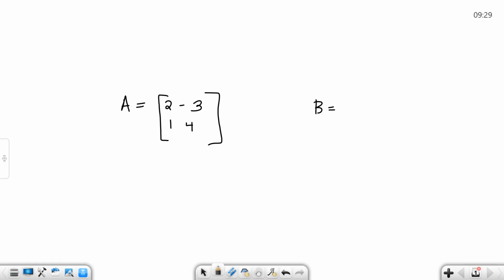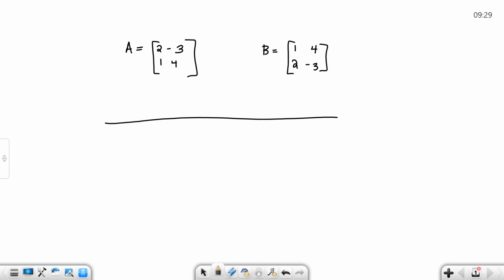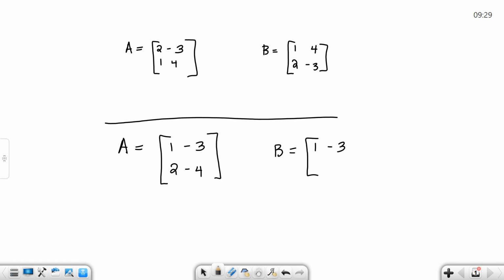While I am writing this up, I want you to take the determinant of these. You don't know why yet, but I want you to take the determinant of them.